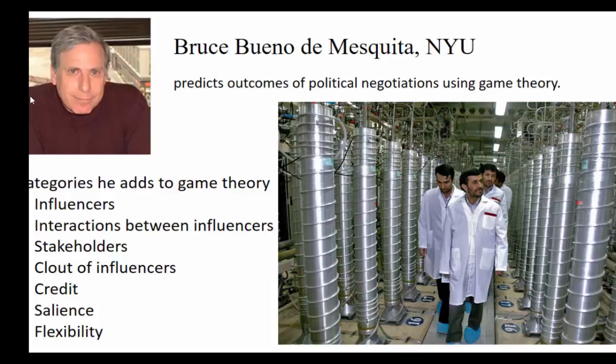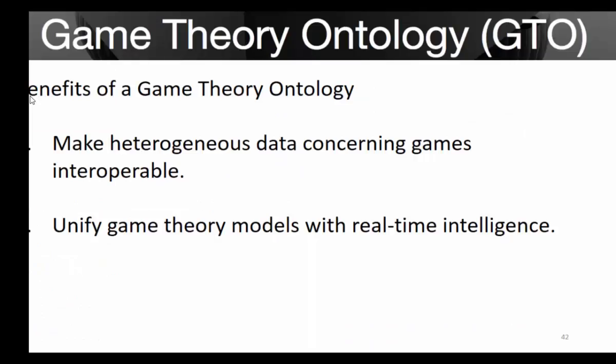He adds categories to traditional game theory, including who influences who, what interactions they have, the stakeholders, influencers, the credit, the salience of the issue, and how flexible the people making the decisions can be. But all of those would be easy to add to the basic schema I've set up.